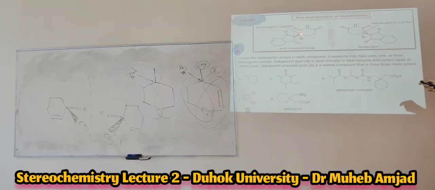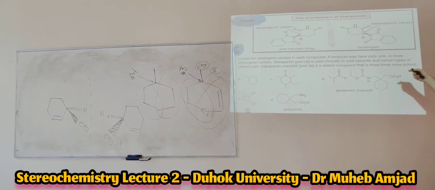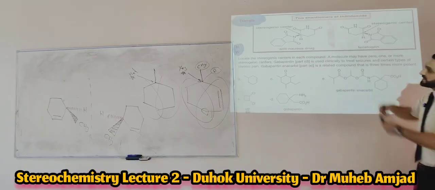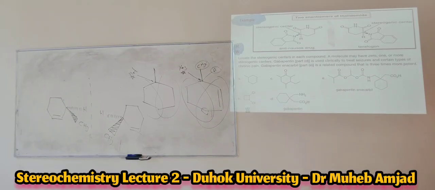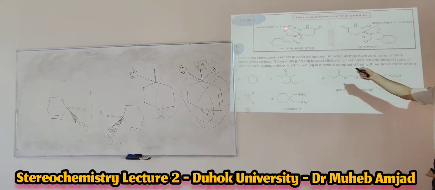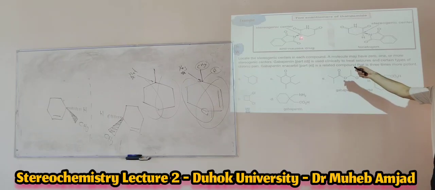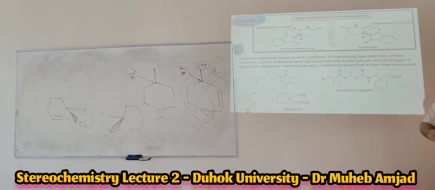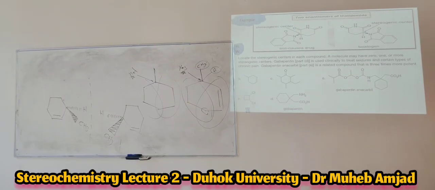This is enantiomer number 1 and this is enantiomer number 2. They are mirror images of each other, but they are not superimposable. This is the hydrogen group, this is group number 2, and this is group number 4. So they are not superimposable, they are enantiomers.